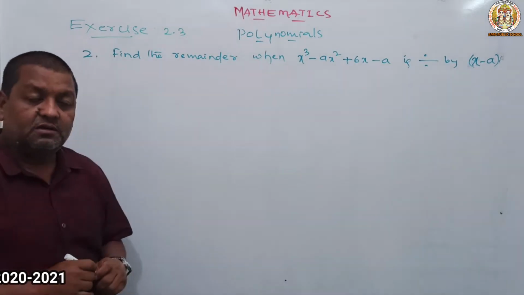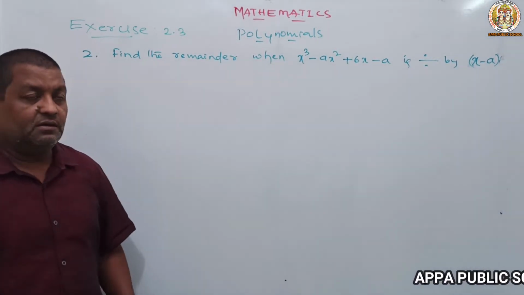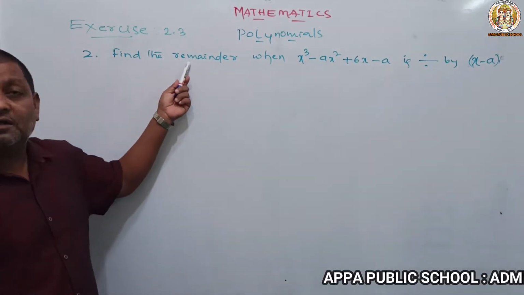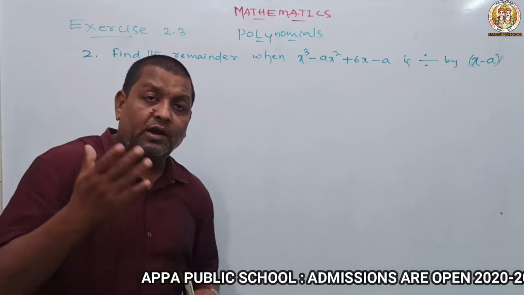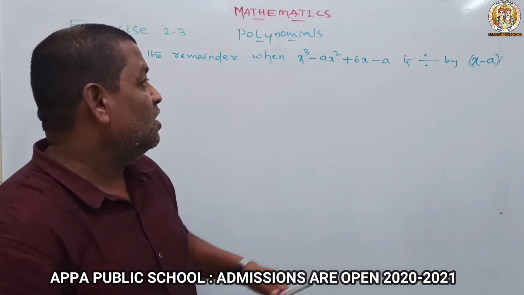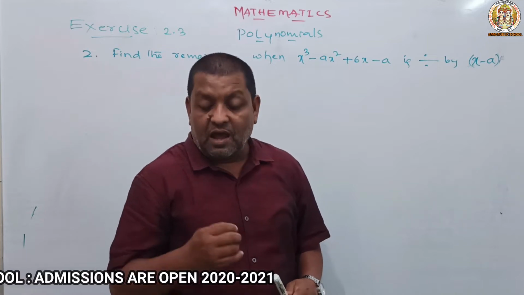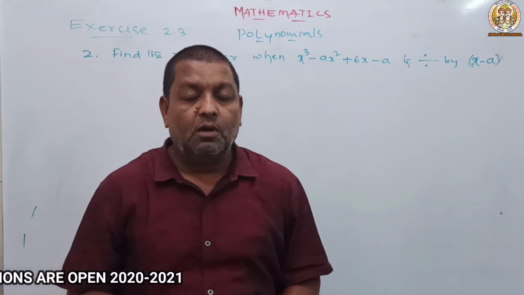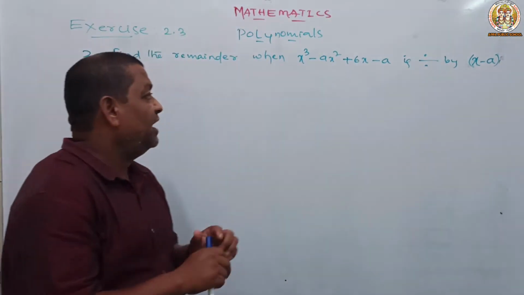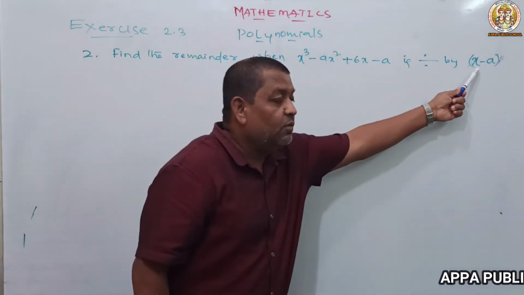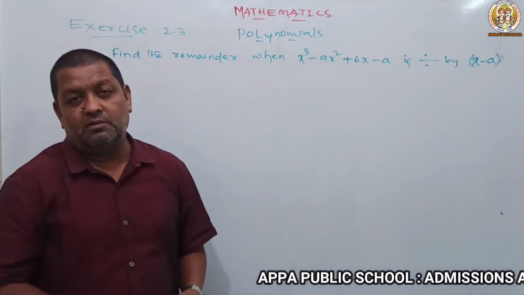So yesterday I told briefly how to find a remainder without any long division. Let me recall. We took the linear polynomial and equated it to 0 and found the value of x. After finding the value of x, you substitute it in the given polynomial.